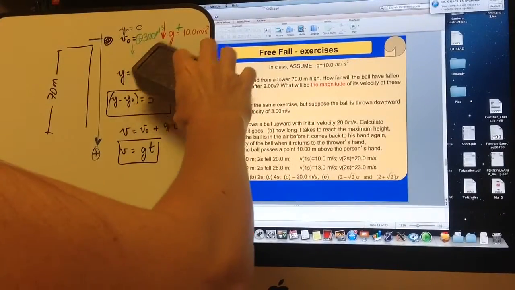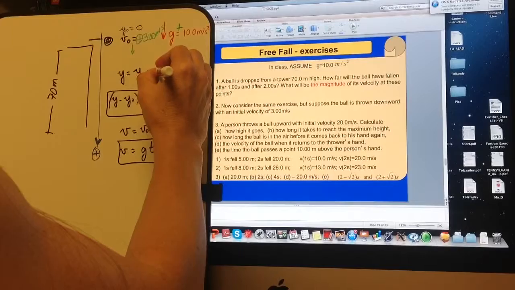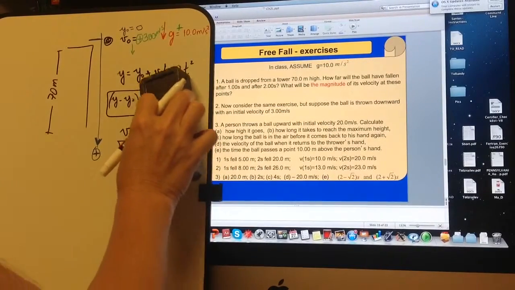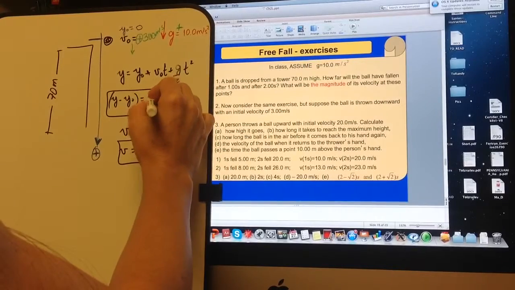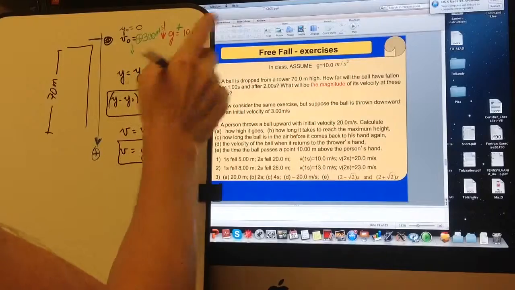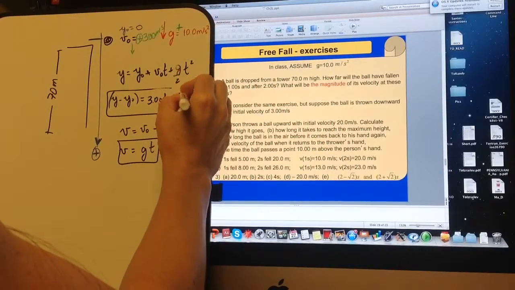Well, the V naught is not 0 anymore, so we'll keep this V naught here. And so in this equation, I will keep my V naught, 3t, and G, we assumed was 10, so 10 divided by 2 is 5, t squared.